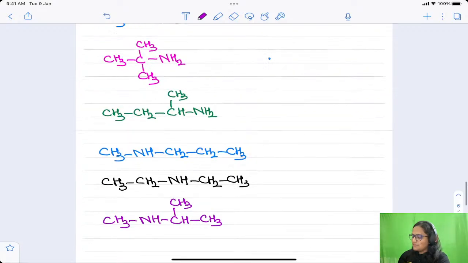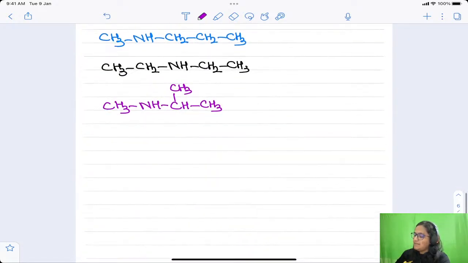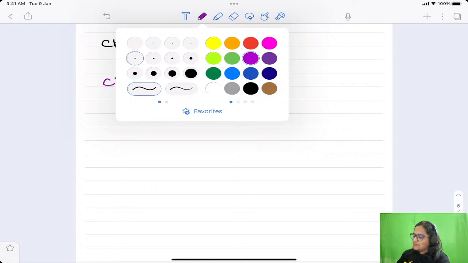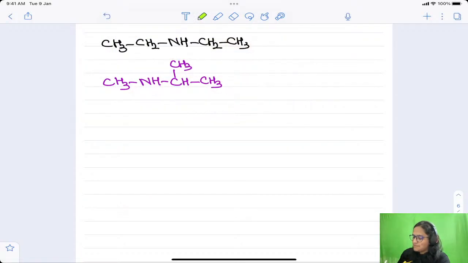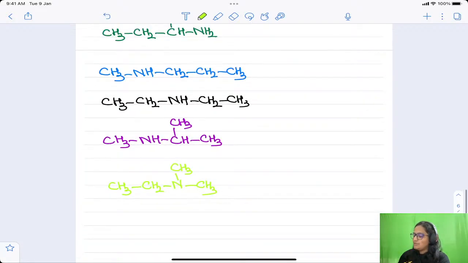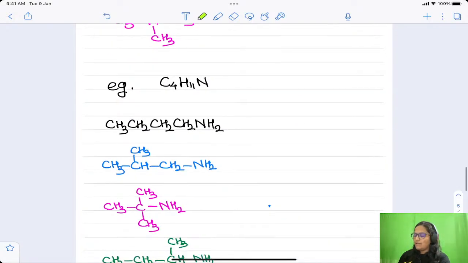Then next, CH3, CH2, N, CH3, CH3. Okay, so these are the possible structures for the isomers of C4H11N, right?